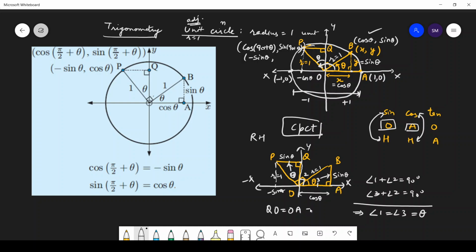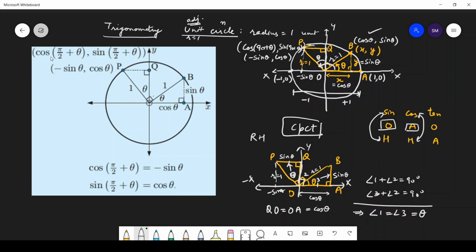So both are positive, so both are equal to cos theta. So this length is cos theta. So this length is cos theta. Okay, and this is minus sine theta, students. This is minus sine theta. Okay, so the y coordinate will be cos theta.